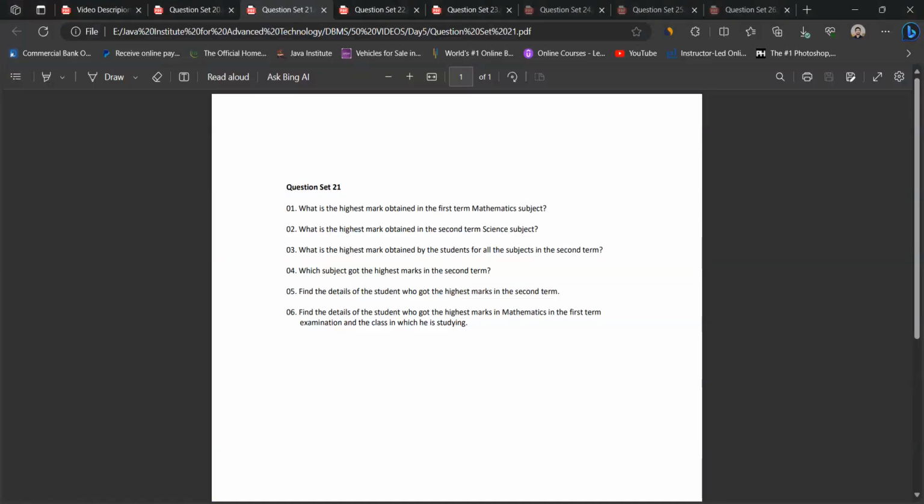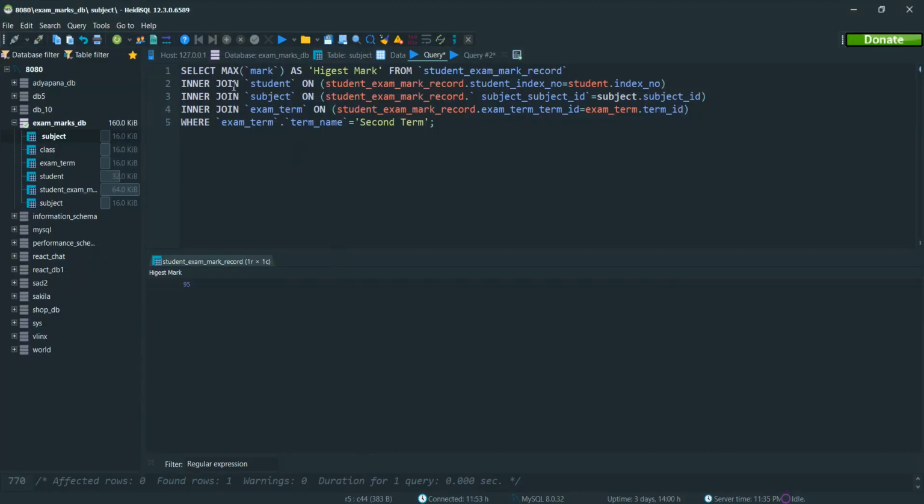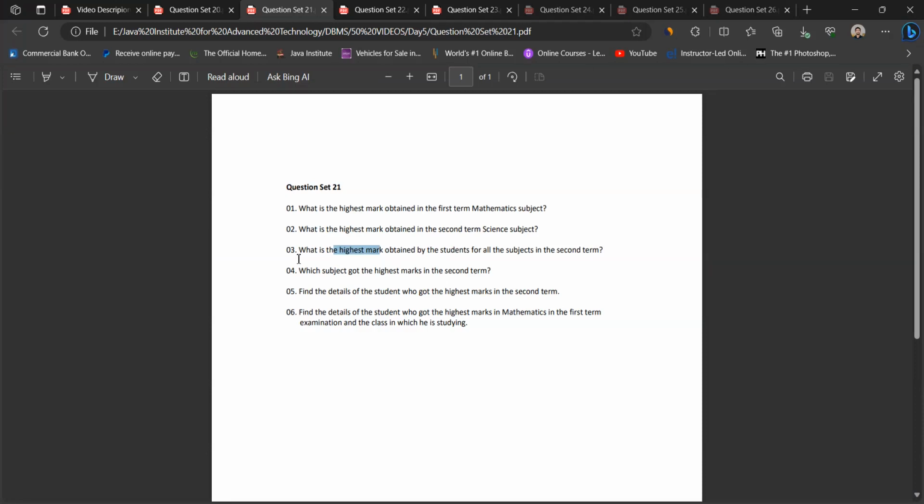The question says, what is the highest mark obtained by the students for all the subjects in the second term, and the highest mark. So here also I have used the max function and have joined three tables. Here I have renamed the column as highest mark. Now let's execute and see. So the highest mark comes as 98.5. So the answer for the third question is 98.5.